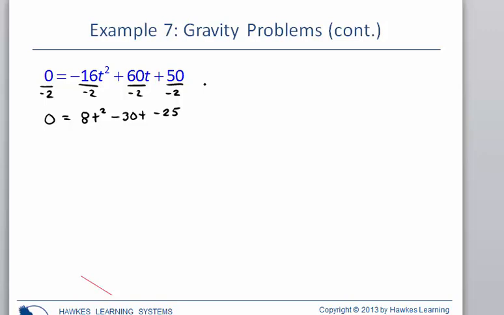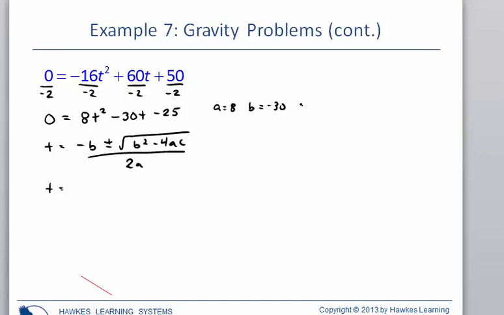And now if I can't factor it, then I probably would want to use the quadratic formula. So I would have t is equal to negative b plus or minus the square root of b squared minus 4ac all over 2a. And we'll plug in. Our a value is 8, our b value is negative 30, and our c value is negative 25.